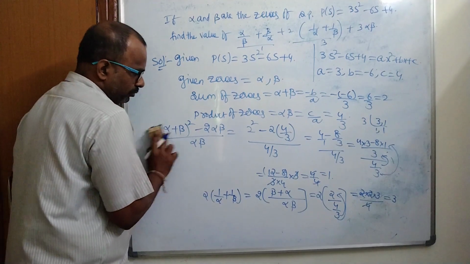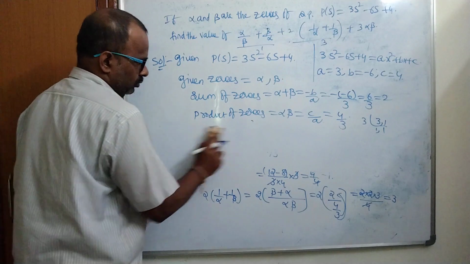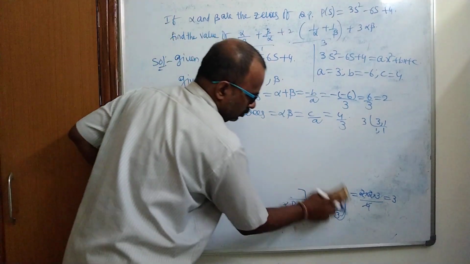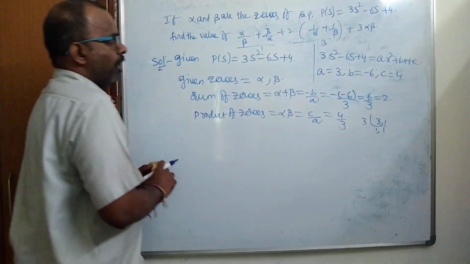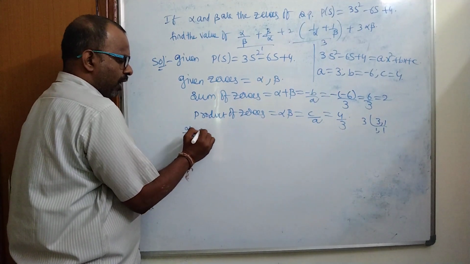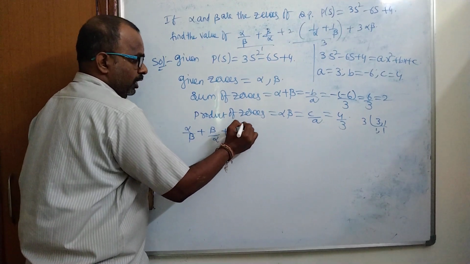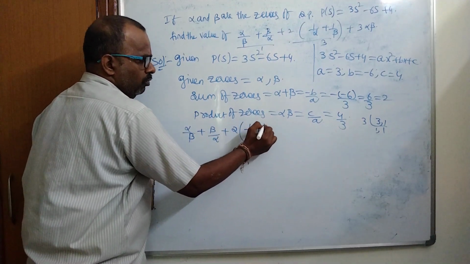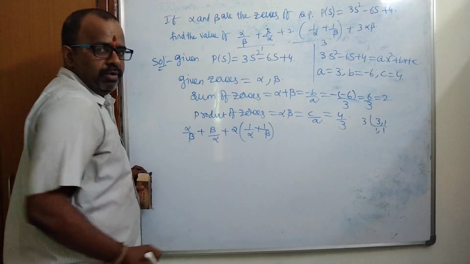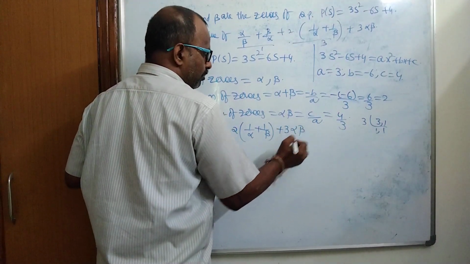So here once again, take this entire expression: alpha by beta plus beta by alpha plus 2 into 1 by alpha plus 1 by beta plus 3 alpha beta.